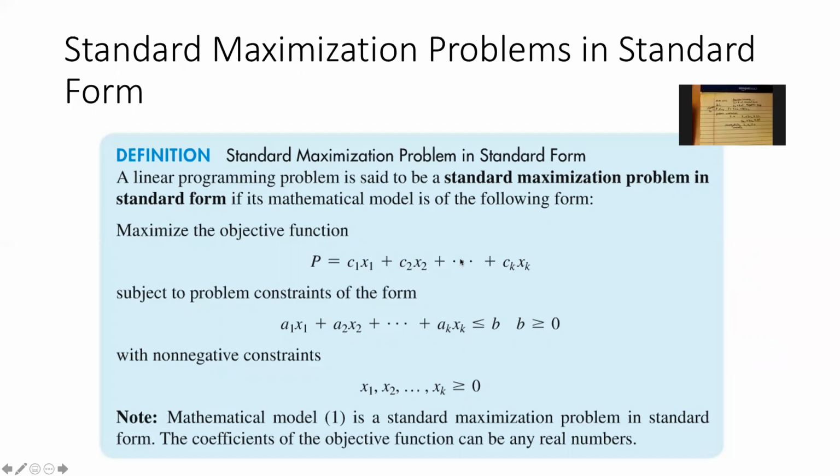You can also have a cost function as well, you'll find out later, but needless to say, this will be subject to problem constraints of the form a1 times x1 plus a2 times x2, basically a coefficient in front of each variable, right? So in other words, if we're thinking about the hours constraints, this is less than or equal to the total number of hours available.